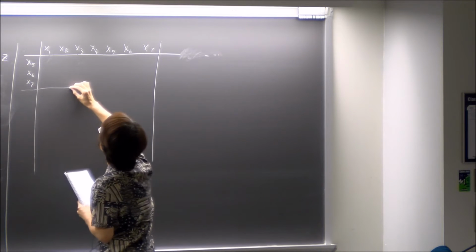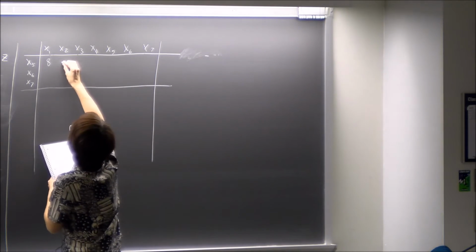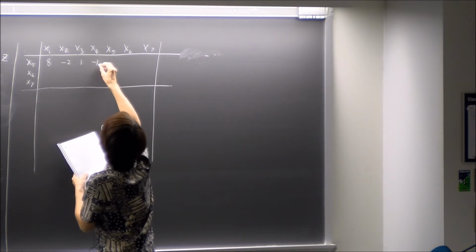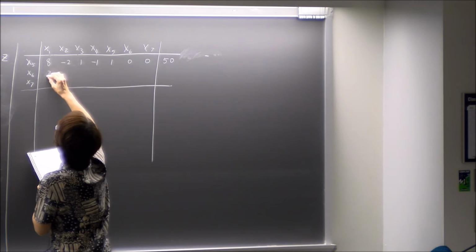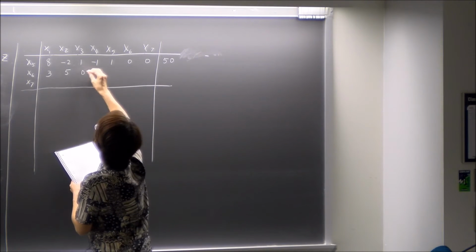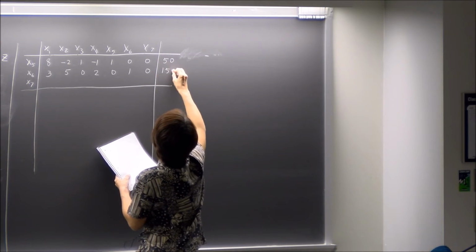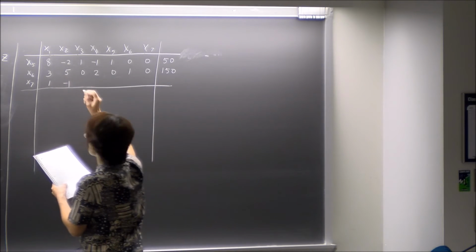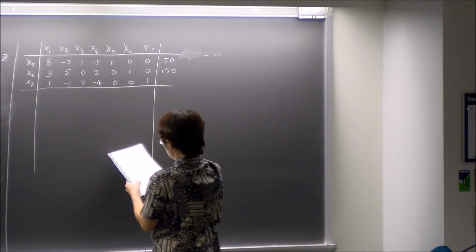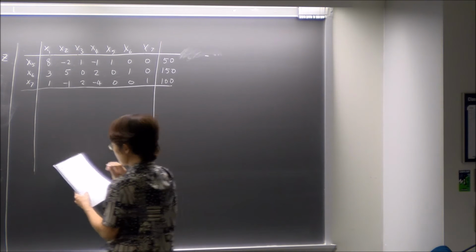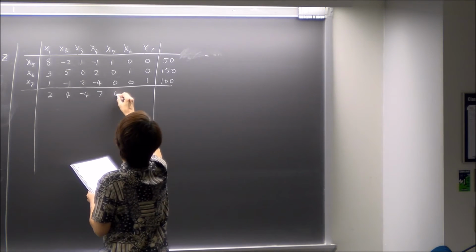Okay, and then I will put in the numbers. So let me just copy the numbers without messing up. 8, -2, 1, -1, 50, 3, 5, 0, 2, 150, 1, -1, 2, -4, and 2, 4, -4, 7.